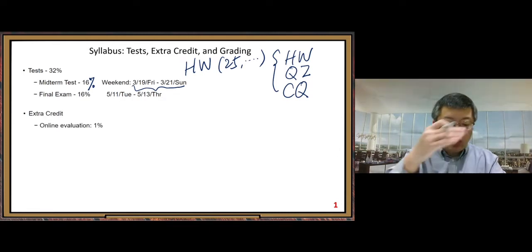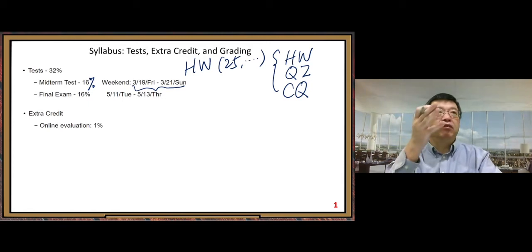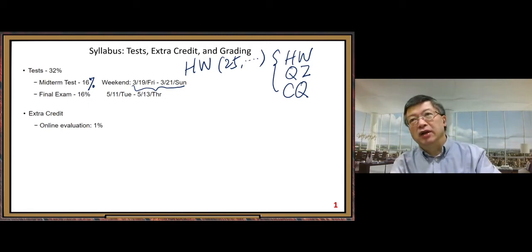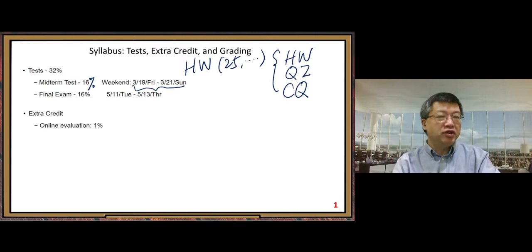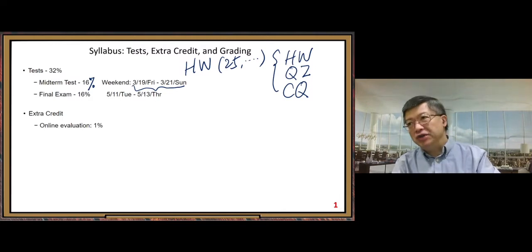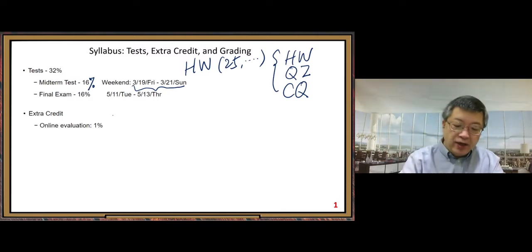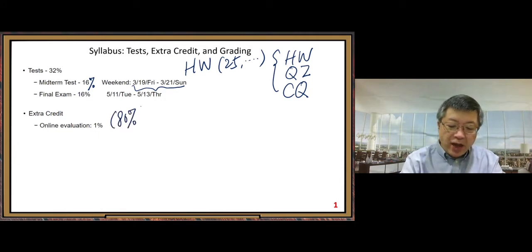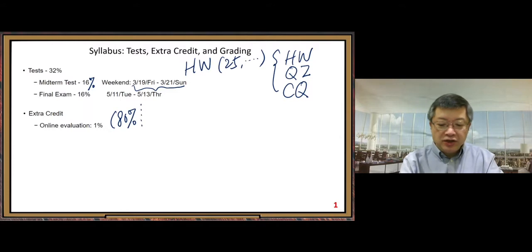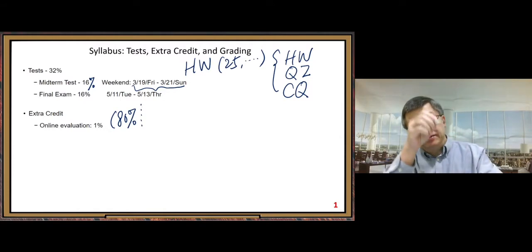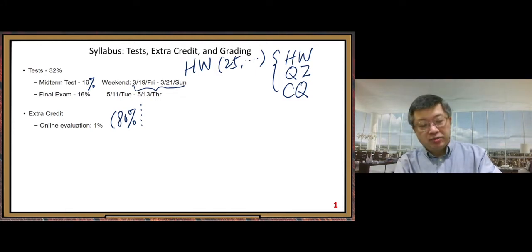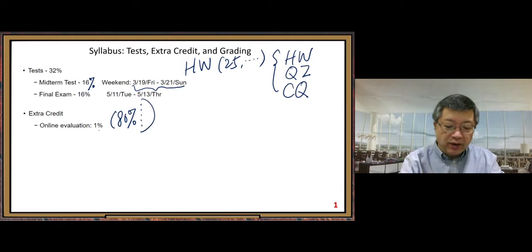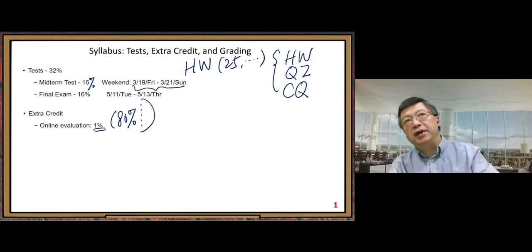Then extra credit. Here we only have one chance: the online evaluation. At the end of the semester, you do the online evaluation, and I use the 80% line. That means if the whole class passes the 80% line, even if some students may not do it, everyone gets 1% automatically.